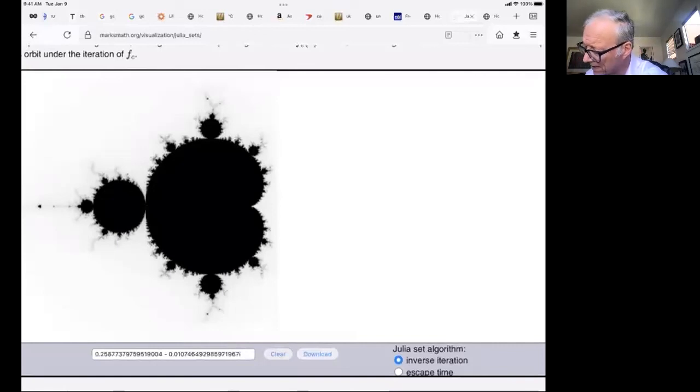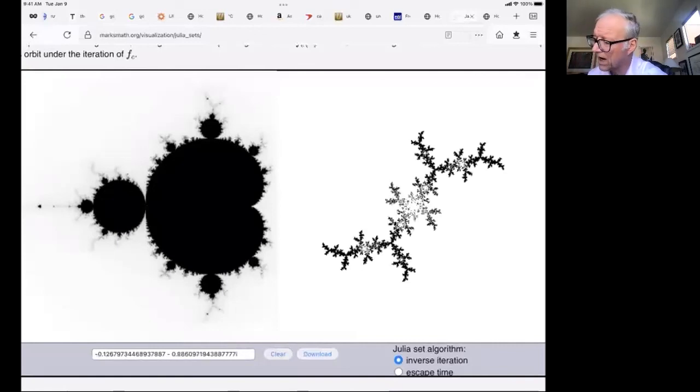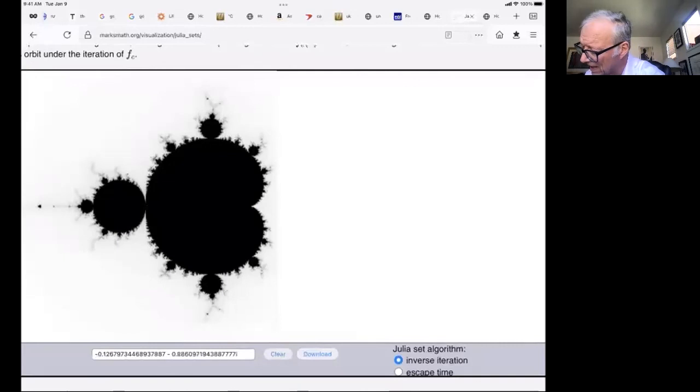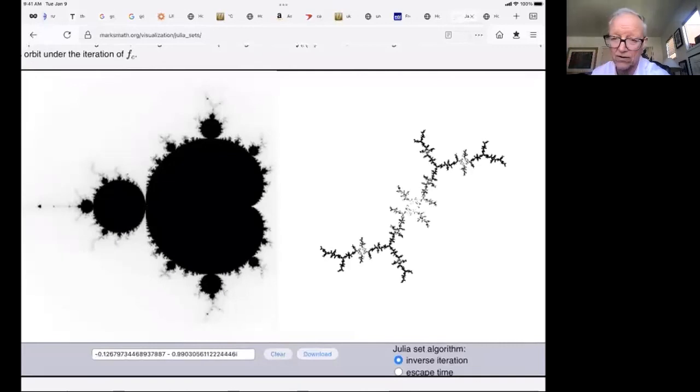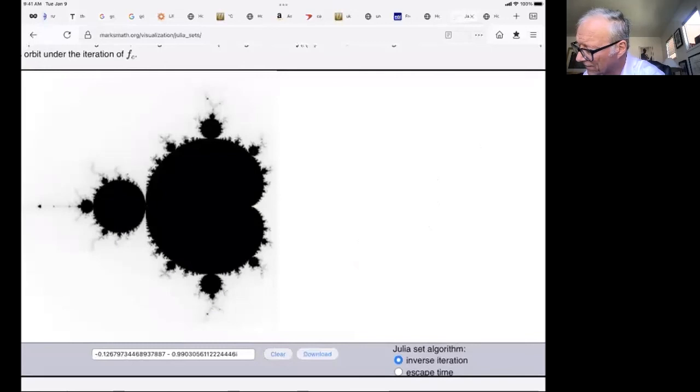But then I can pick things a distance away from the main body, and you get something that is beginning to look like a branch or a snowflake. And if I pick one out in the tentacles, you get something which is more and more like a fractal dust.